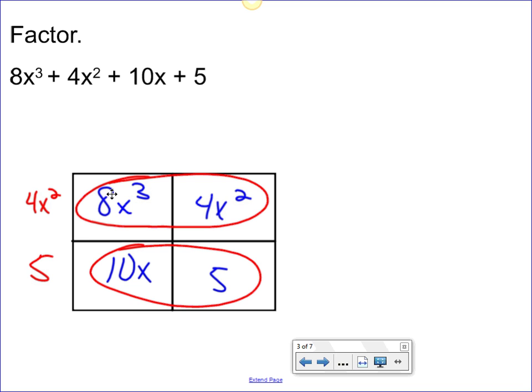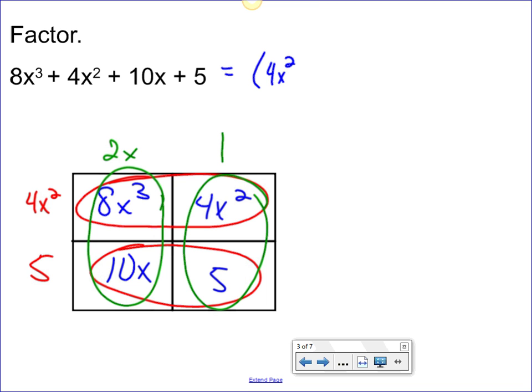The greatest common factor of these two is a 2x. The greatest common factor of these two is a 1. If you checked all your boxes by multiplying back, you would find that this does work. So our factors of this polynomial would be 4x squared plus 5 times 2x plus 1.